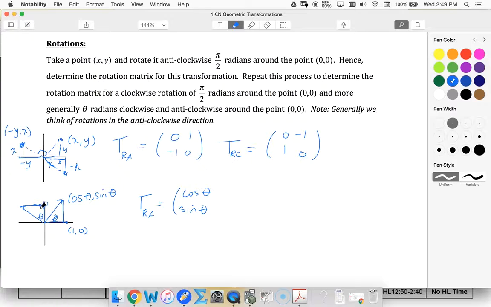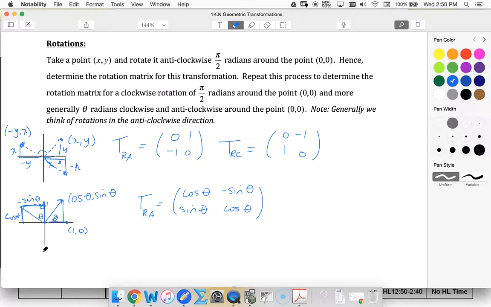So looking at this right triangle, this side over here is going to be sine theta, and it's going to be negative because I've come into the negative x-axis space, and my height over here is cos theta. So (negative sine theta, cos theta).